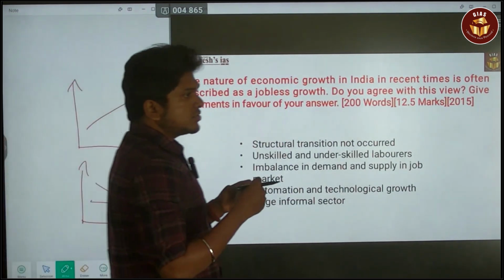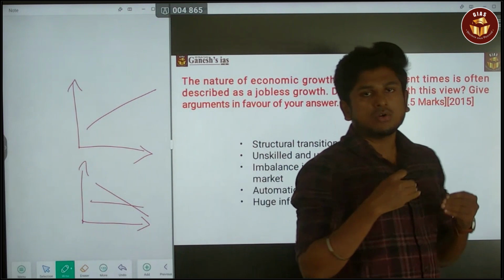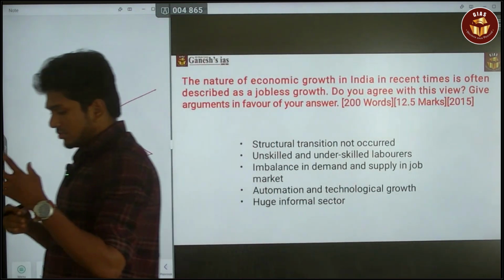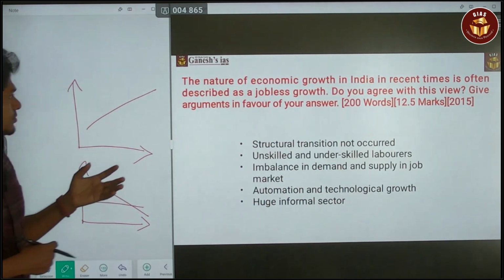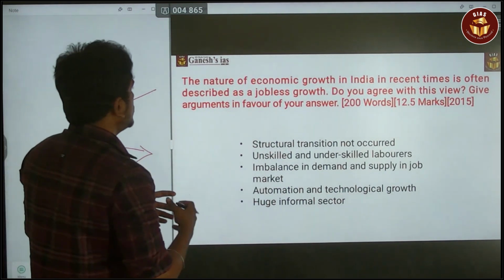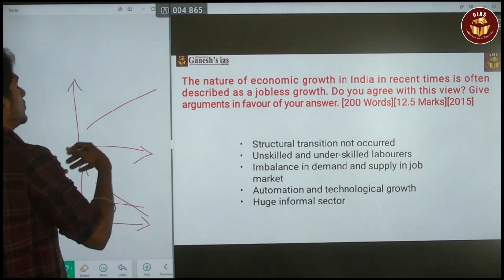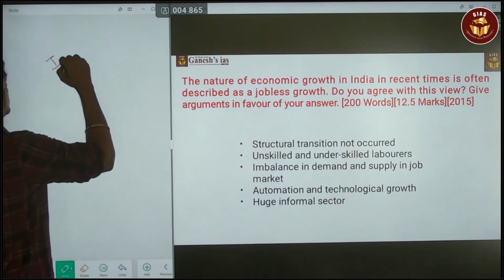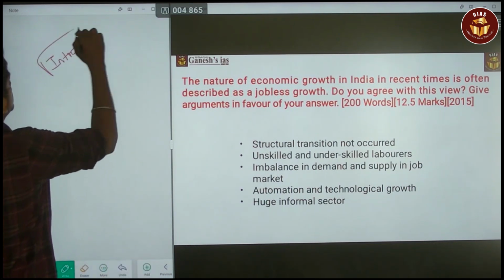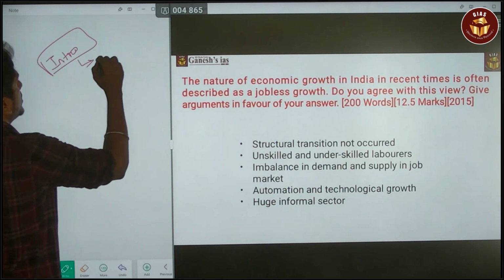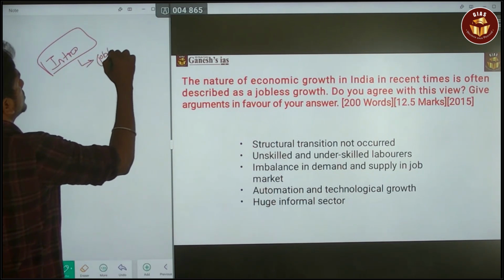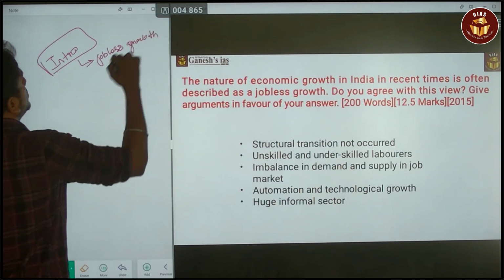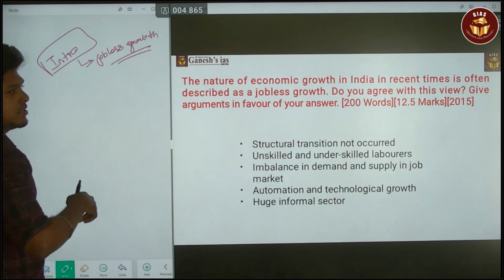So these are the things you have to follow, and you have to know what jobless growth is. Okay, next. For this you can give an example. First of all, the first part of the question is the intro. So in the intro, you can simply say what jobless growth is. The economy is only growing, but employment is not in the growing phase.